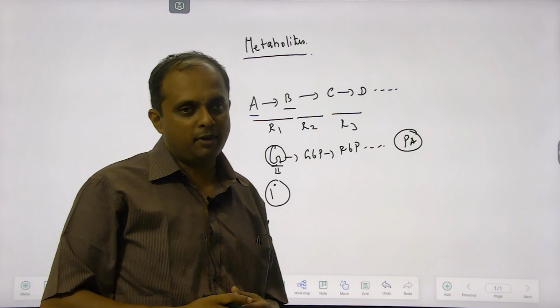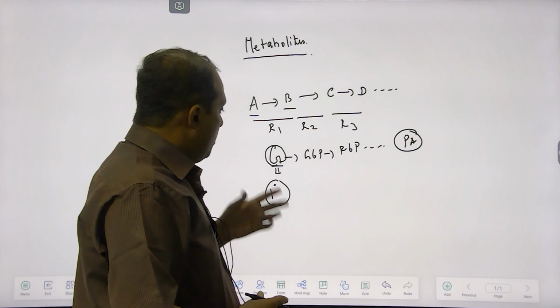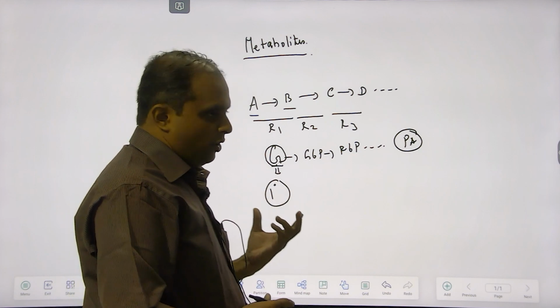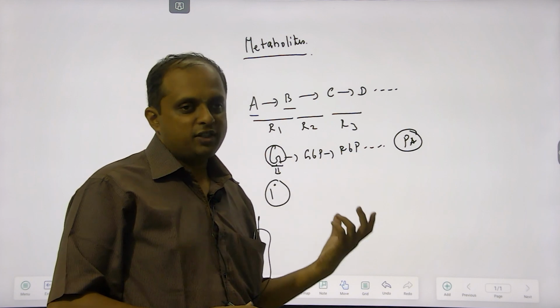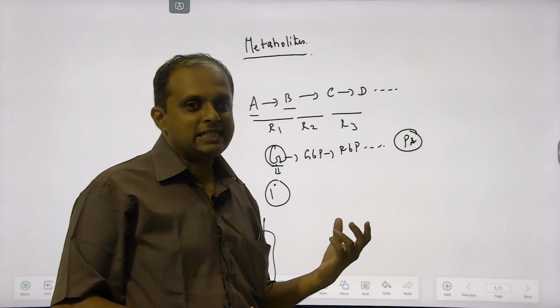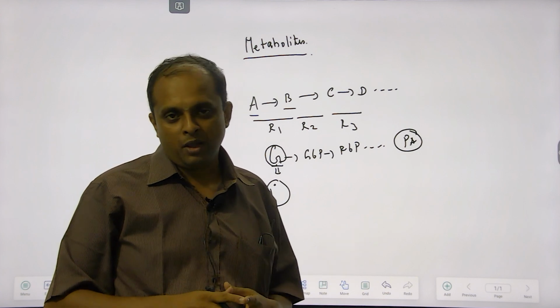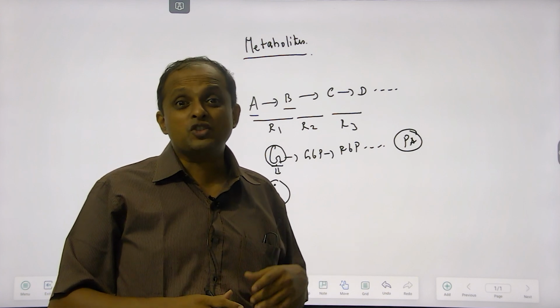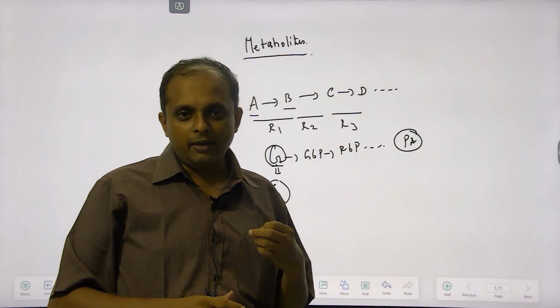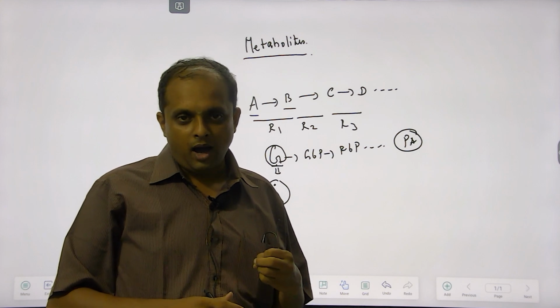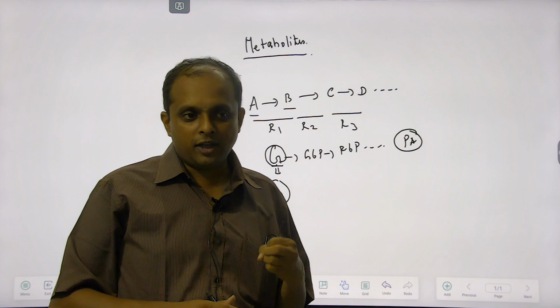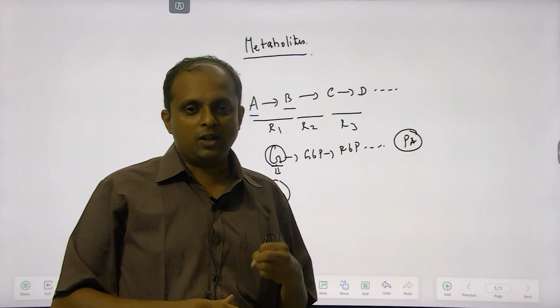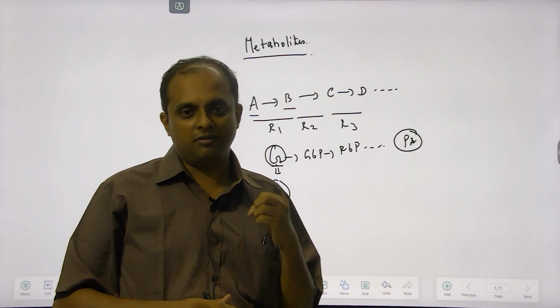Without the presence of glucose or glucose 6-phosphate or fructose 6-phosphate, the metabolic reactions remain incomplete, without which a cell or the organism cannot survive. So primary metabolites are an integral part of the biochemical reaction without which an organism or cell cannot survive.